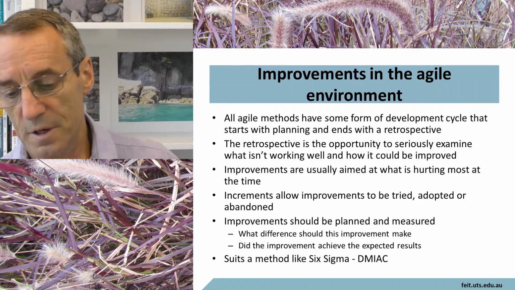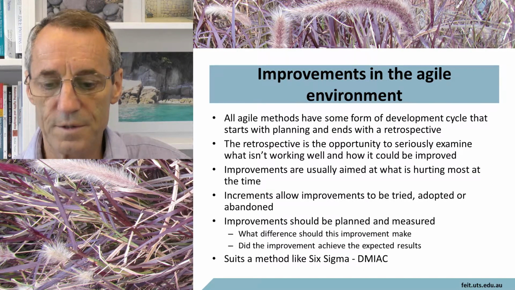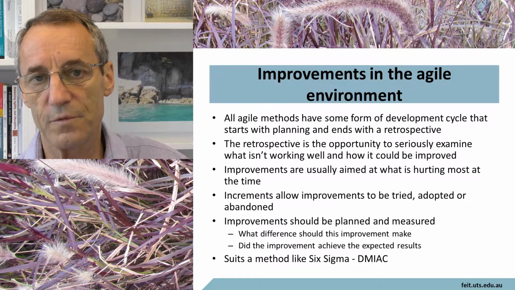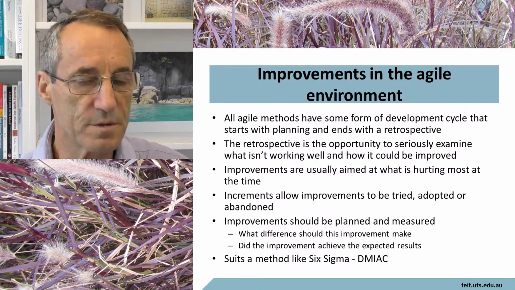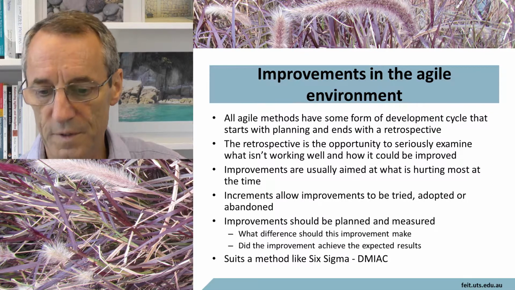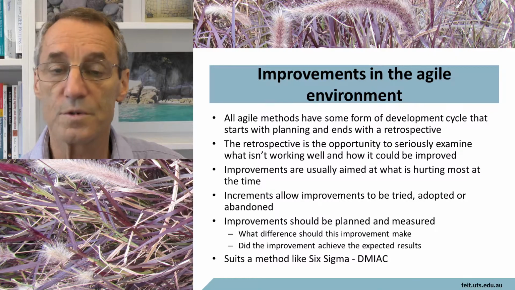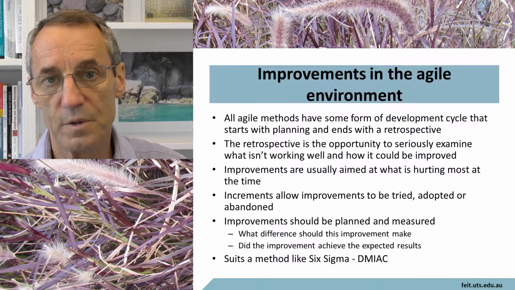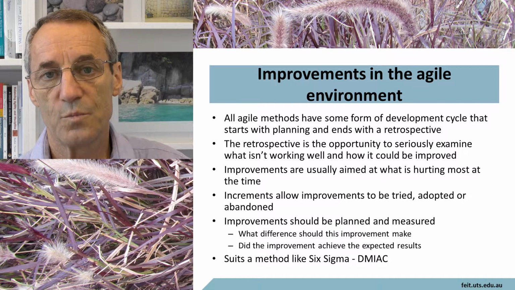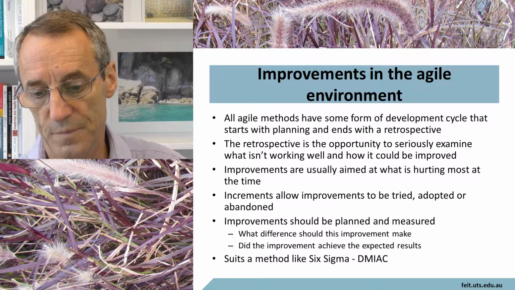Now, improvements in the Agile environment. All Agile methods have some form of development cycle that starts with planning and ends with some form of retrospective. That is, there is the time and chance to look at what happened and could we do better. The retrospective is the opportunity to seriously examine what isn't working well and how it could be improved. The improvements are usually aimed at what's hurting most at the time.